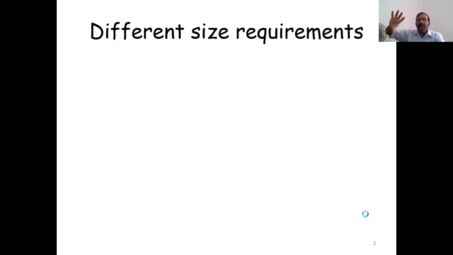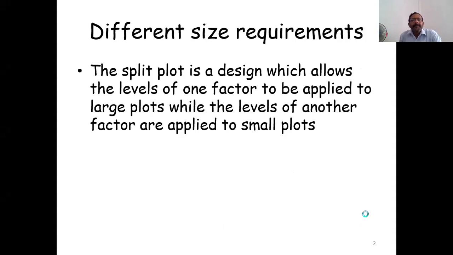We can do it in the laboratory also, in the chamber, as an example. Split plot has different size requirements. The split plot is a design which allows the levels of one factor to be applied to the large plots, while the levels of another factor are applied to the small plots. This is what I have already explained.